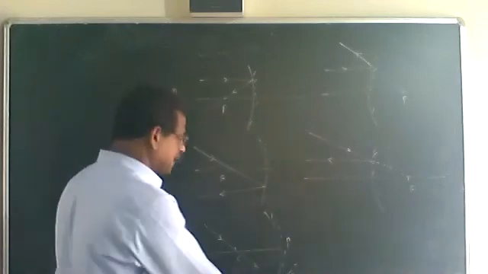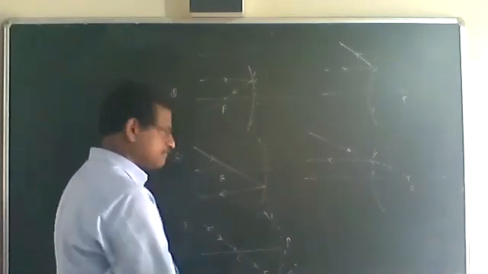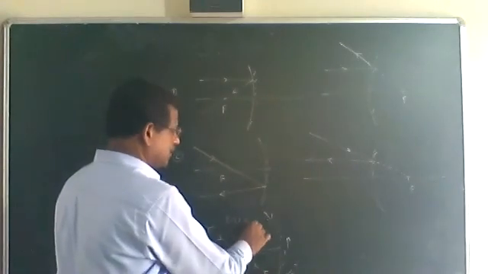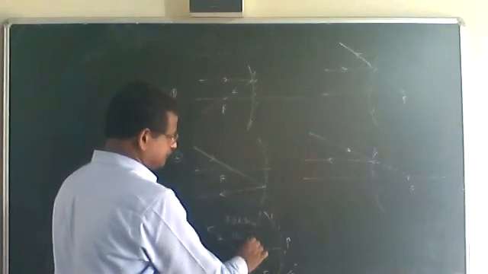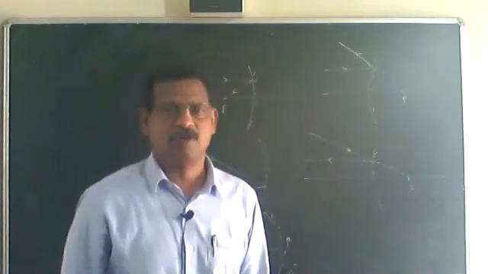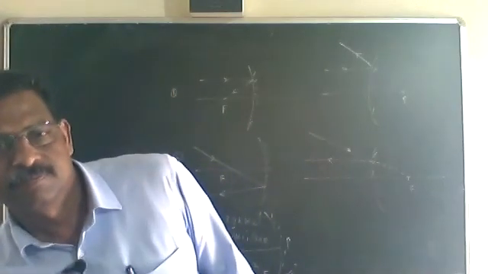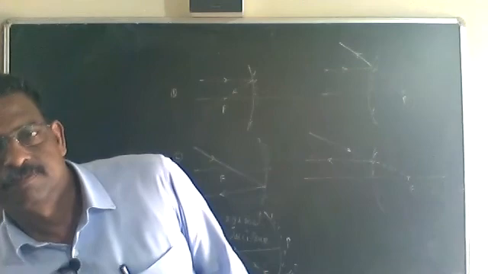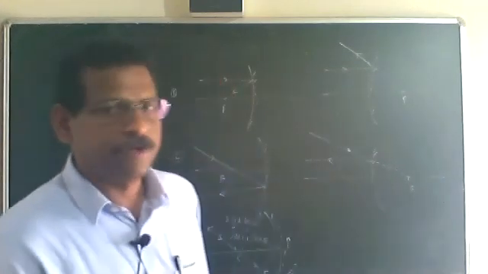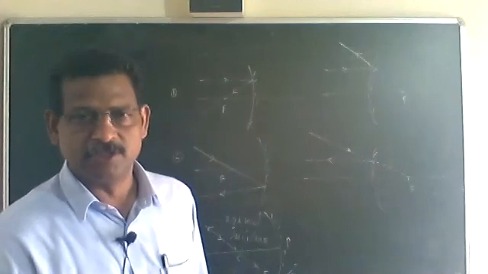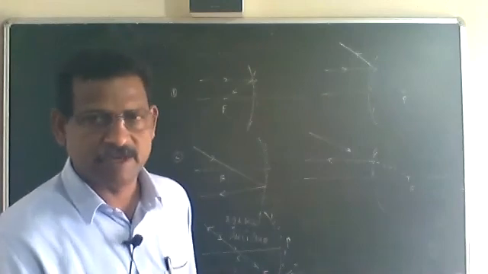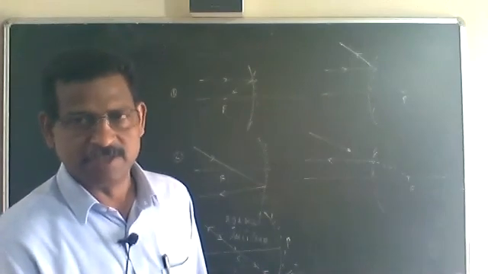It reflects back. It is a normal incidence. So a ray passing through the center of curvature, after reflection in the concave mirror, reflects back.